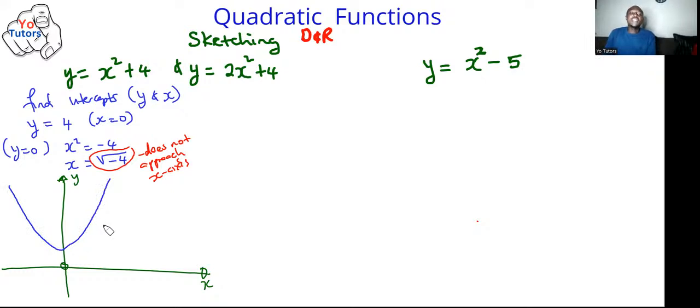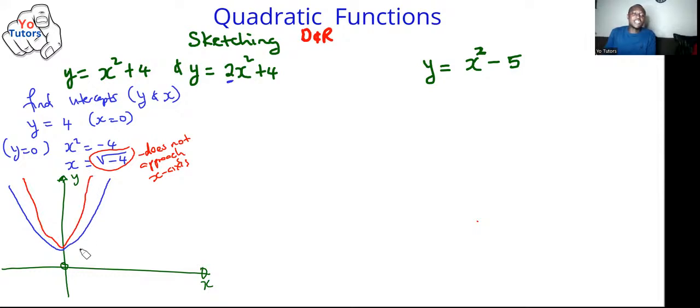Now, what about y equals 2x squared plus 4? Check here, we have got the 2. It stretches, or narrows, or shrinks our graph. So in this case, the graph of 2x squared is going to look like this. It's going to be touching again at 4, then goes up.